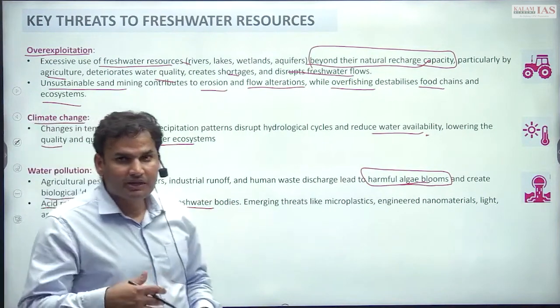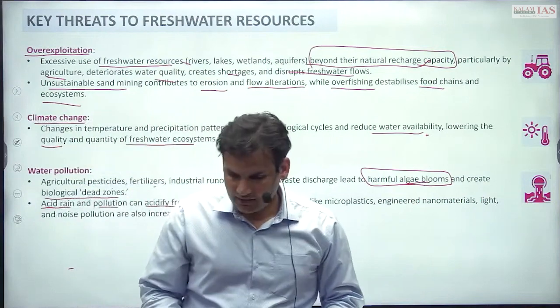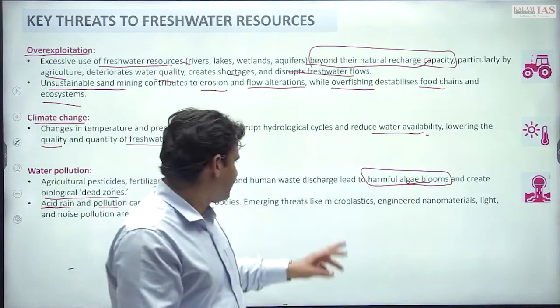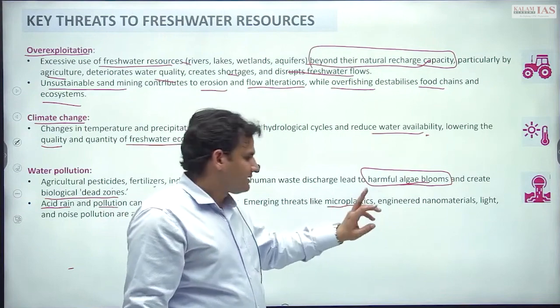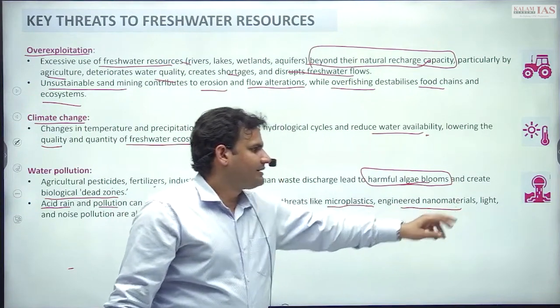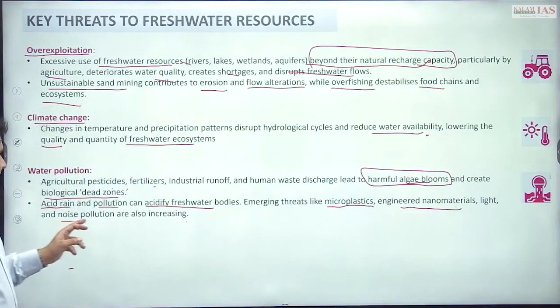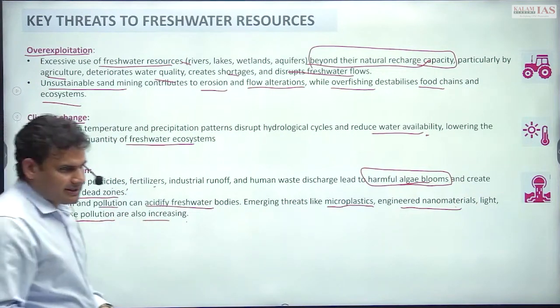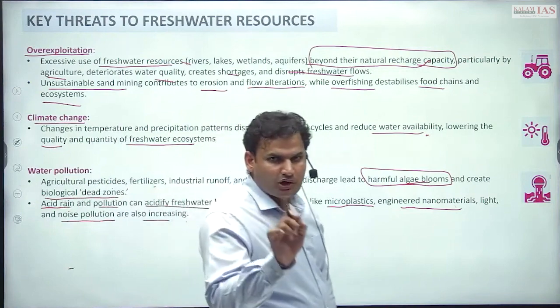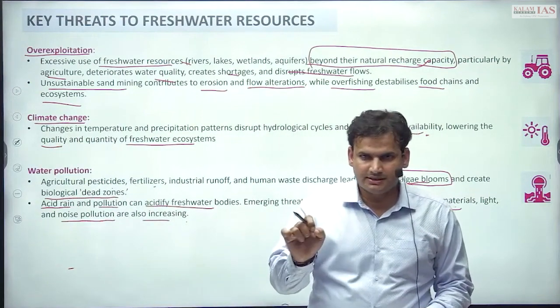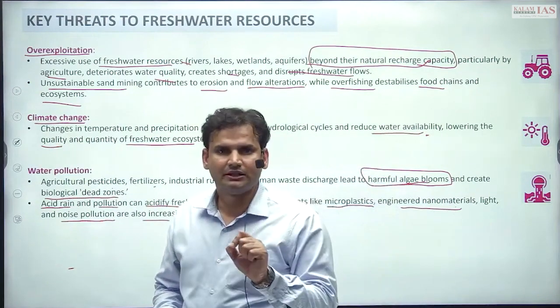Now, there are emerging threats also, right? Emerging threats like the threat of microplastics, the threat of engineered nano materials or particles. Light and noise pollutions are also increasing, and this problem of microplastics is extremely severe.